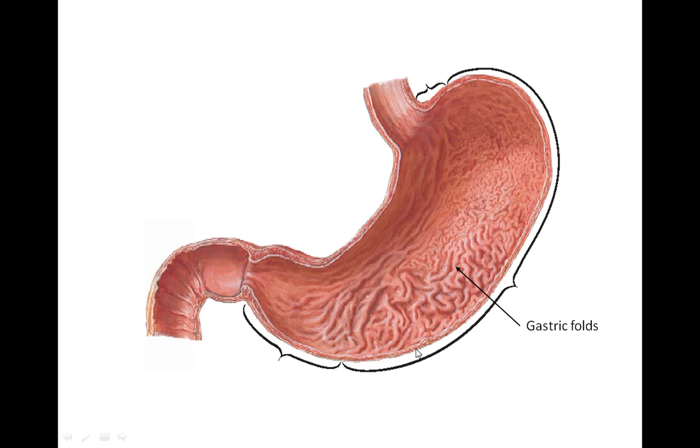However, along the lesser curvature there's a series of longitudinal rugae which are a lot smoother, and this forms what's called the gastric canal, which fluid flows along from the esophagus through to the pylorus when you swallow. And it's often noted that corrosive materials cause damage near the lesser curvature of the stomach because of this gastric canal.